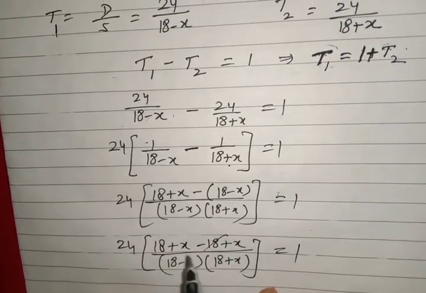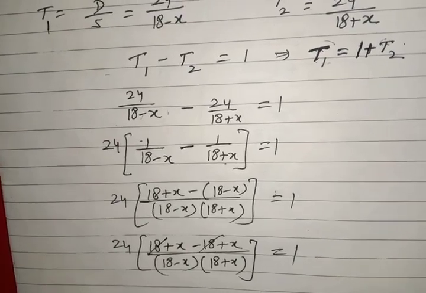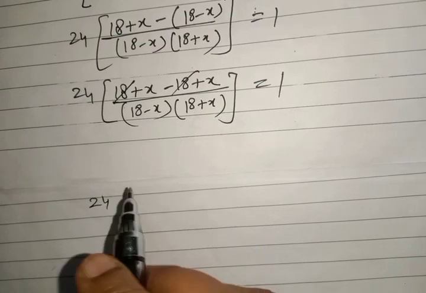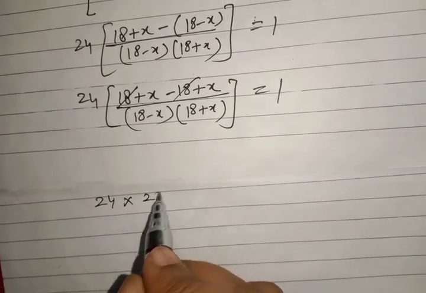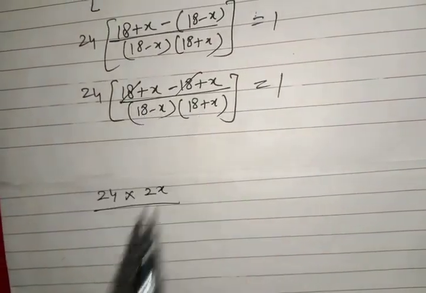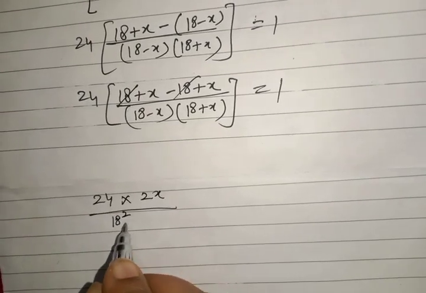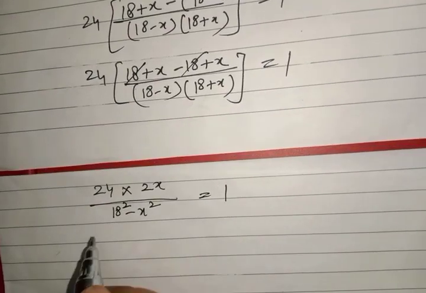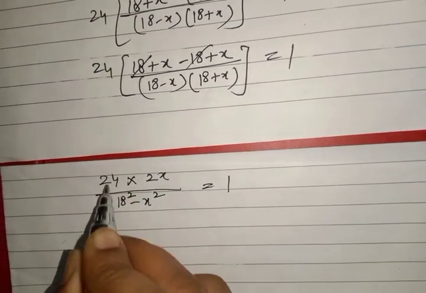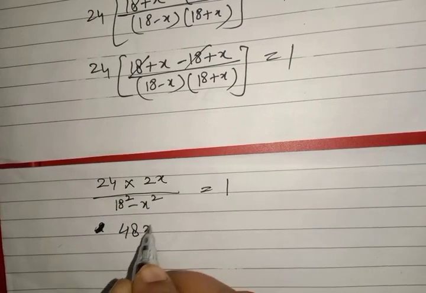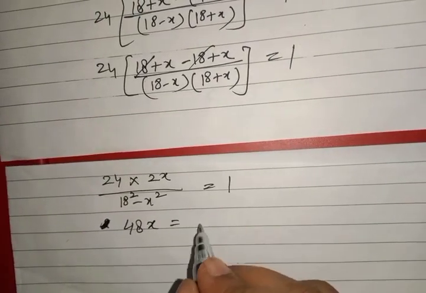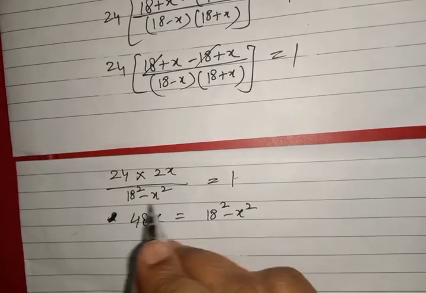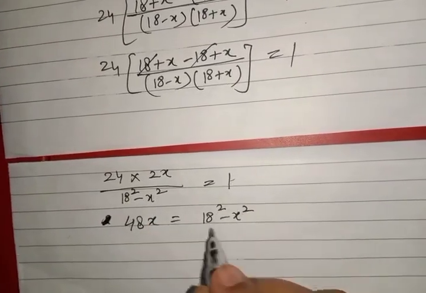What can we cancel? 18 can be cancelled, and now our equation will become 24 into 2x, because it is x plus x, upon a square minus b square, because a minus b into a plus b, is equal to 1. So this is 24 twos are 48x is equal to 18 square minus x square, because 1 multiplied with the same number will remain the same.